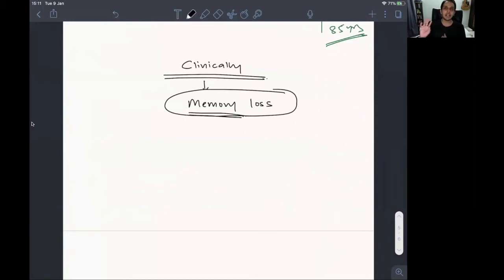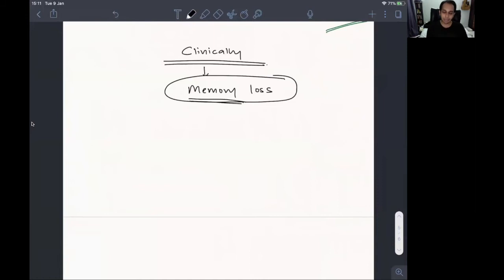Usually they won't come with memory loss of 10 years, they will come with the memory loss of a few months or a few weeks. But if you take a detailed history, you will find that there has been a slowly progressive memory loss since the last 5 years, 6 years. So this is the usual presentation of Alzheimer's disease. Now, what is Alzheimer's? I'll get to that later, but it is the commonest reason for dementia.